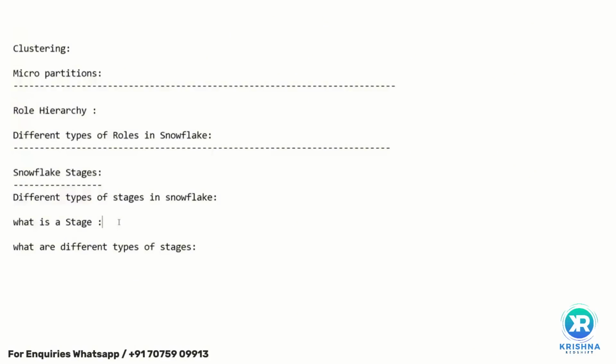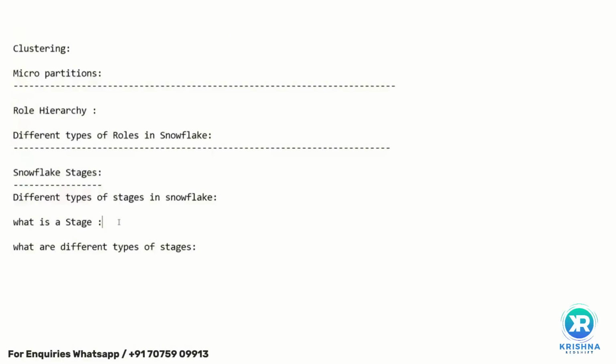This is one of the important terms we generally use, and in the interview or in the job description they will ask, a candidate should be familiar with different stages like internal, external, named, like that they will mention in the JD. Okay, so what is this stage, and what are different types of stages? These are the things we need to know from here.